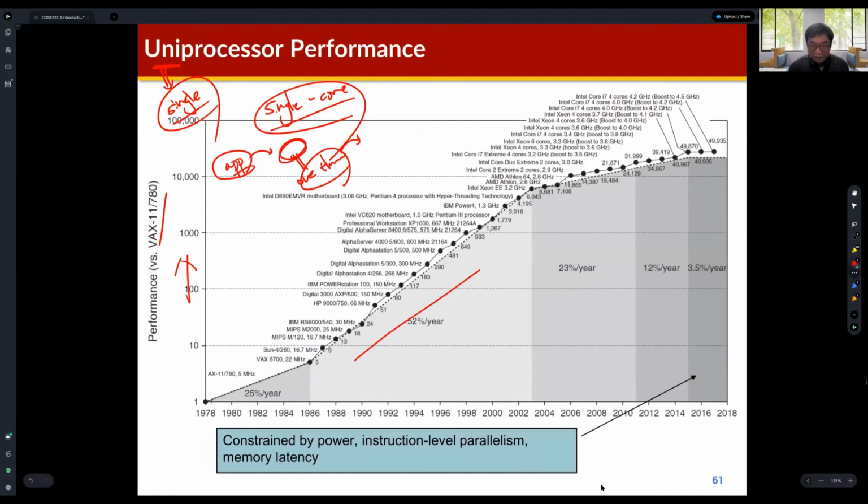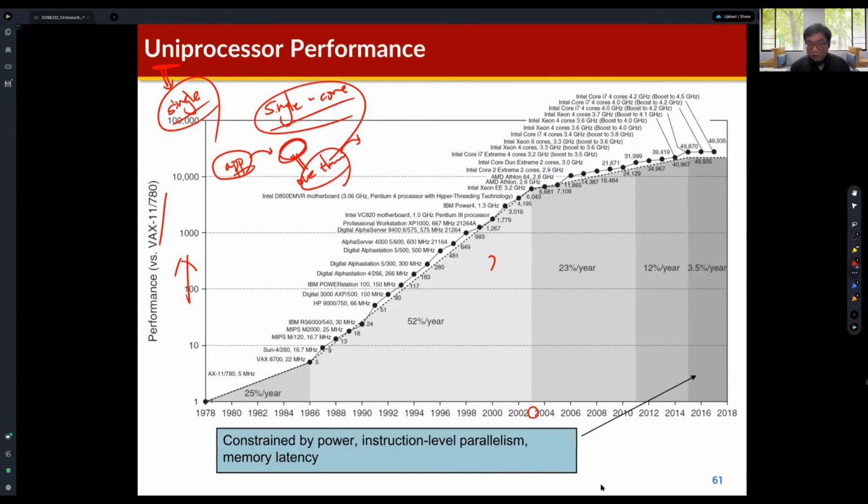And this is nearly linear, which means the performance of a single processor is increasing exponentially. So in real life, the performance of a CPU increased exponentially until the early 2000s.